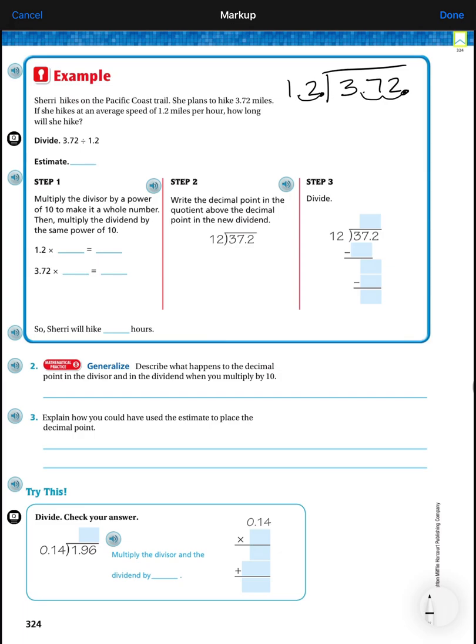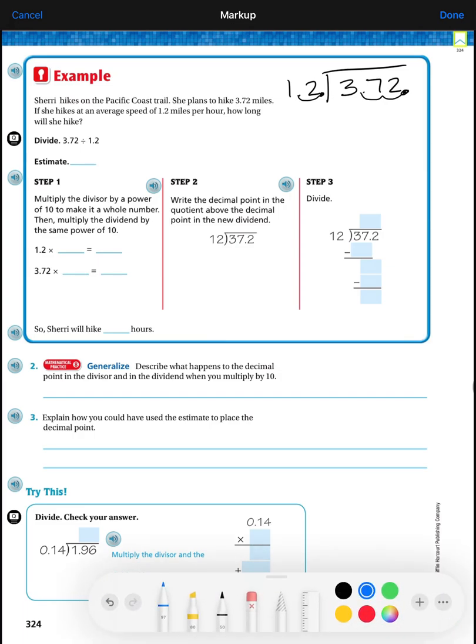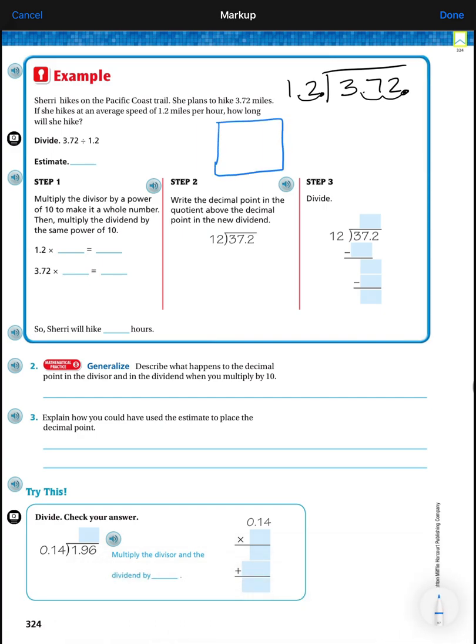And what we're going to do is create a count by box, okay? A count by box. And we're going to put the multiples of 12 inside that count by box. Now that's one way we can do it if we know our multiples of 12 all the way through 9.